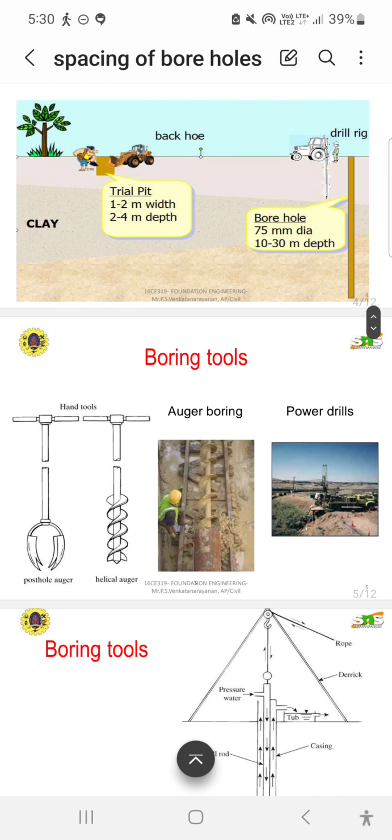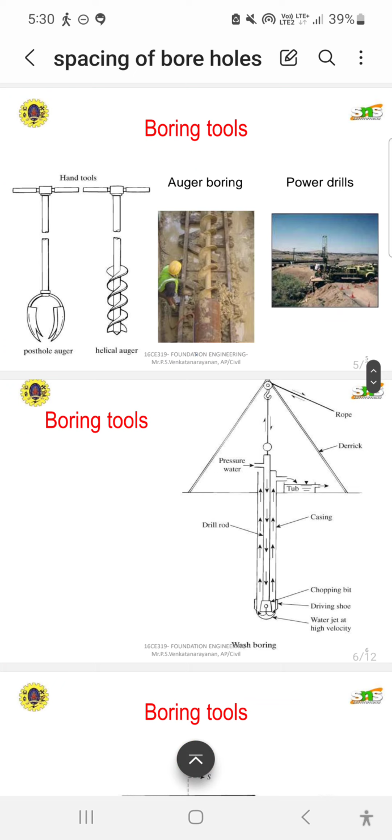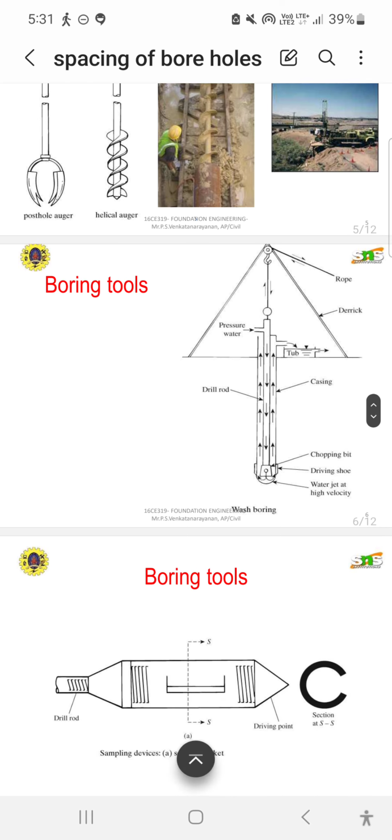We have seen in this picture that one is the post hole auger and the second is the helical auger. In boring tools, we have a picture of wash boring, with rope and components, and we have seen the component parts of wash boring. These are some of the hand tools in construction techniques.